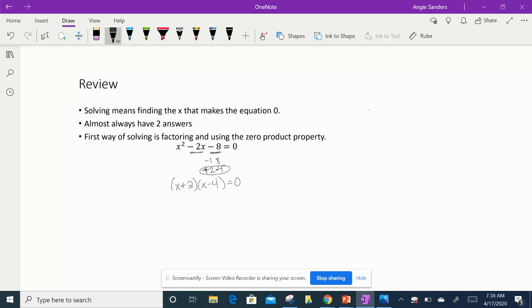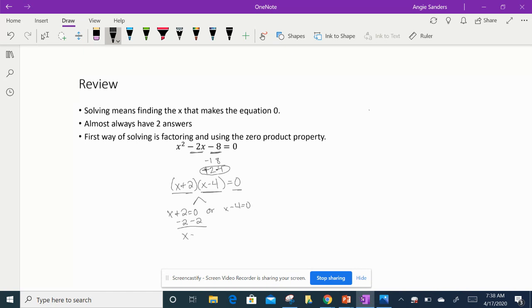Now that I have it as something times something equals 0, I'm going to break it apart and say that means either x plus 2 is 0 or x minus 4 is 0. And then once I've done that, these are simple solving problems.